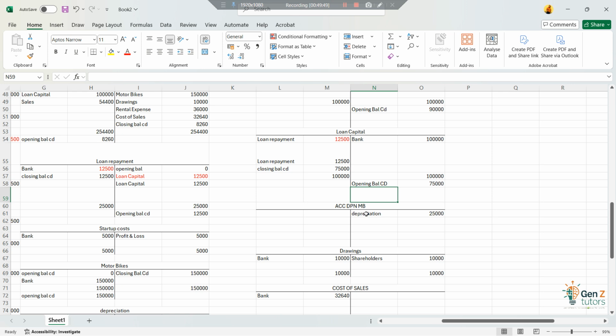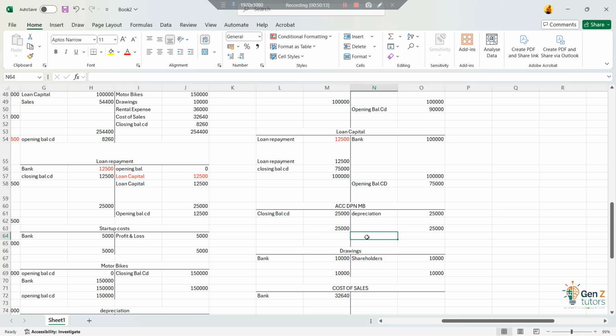Then go and say okay, fine, 100,000 minus the sum of the above, and then it gives us 75,000 for our closing balance. Then this is going to be our opening balance carried down for the new year, right? Then you have 75,000 over there.